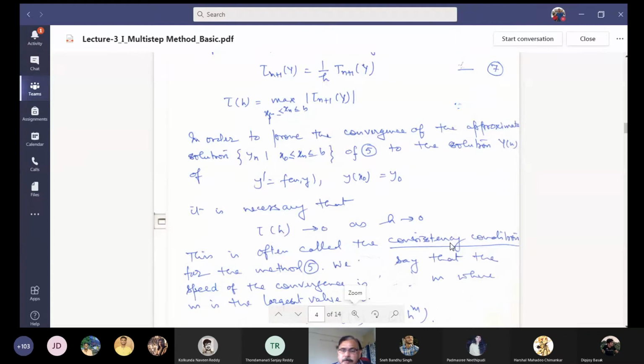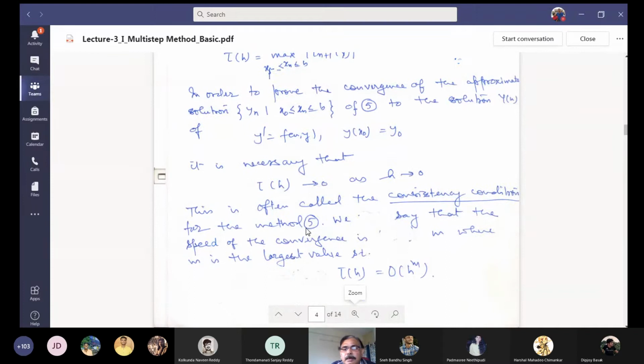So it has to be consistent. What is the meaning of h approaching 0? If h is very small, then the error is very small. In that case, we say that the method is consistent.